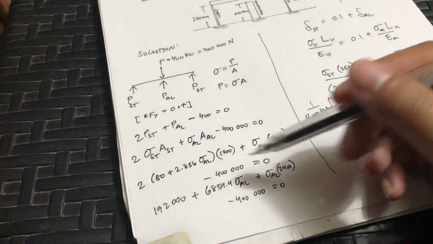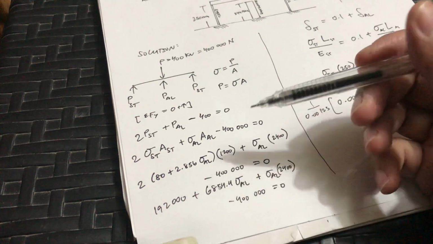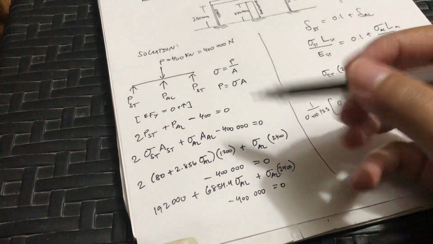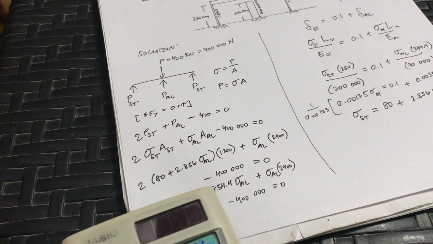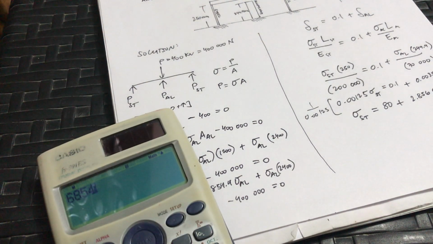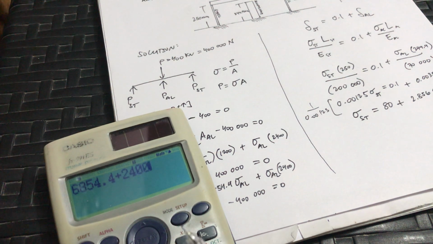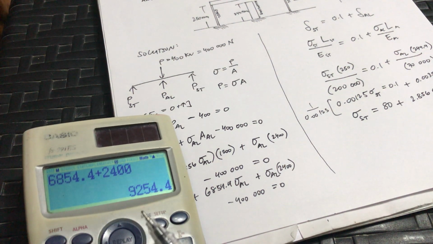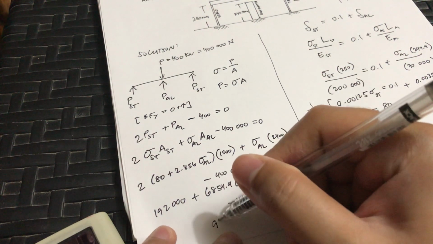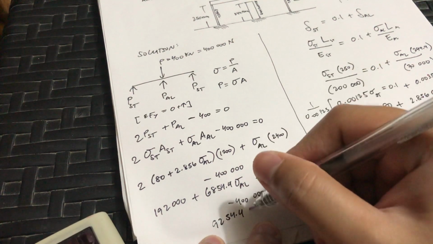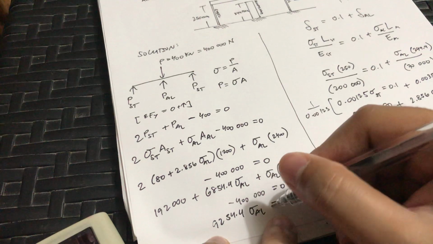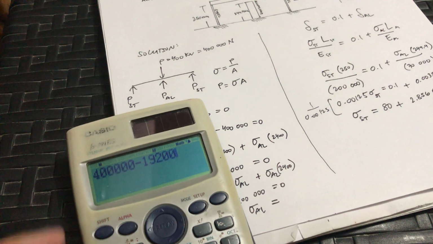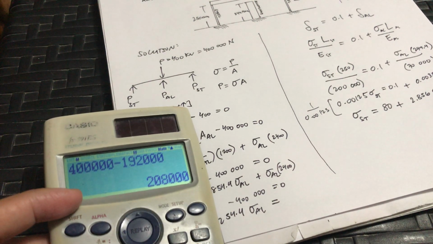Combine like terms: transfer the 192,000 and 400,000 to the other side and combine the aluminum terms. We have 6854.4 plus 2,400, which is 9254.4 stress of the aluminum equals 400,000 minus 192,000, which is 208,000.